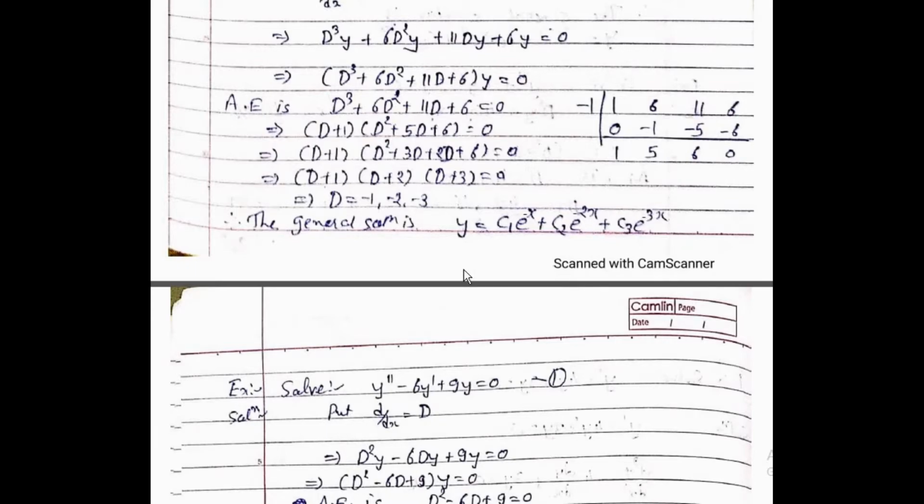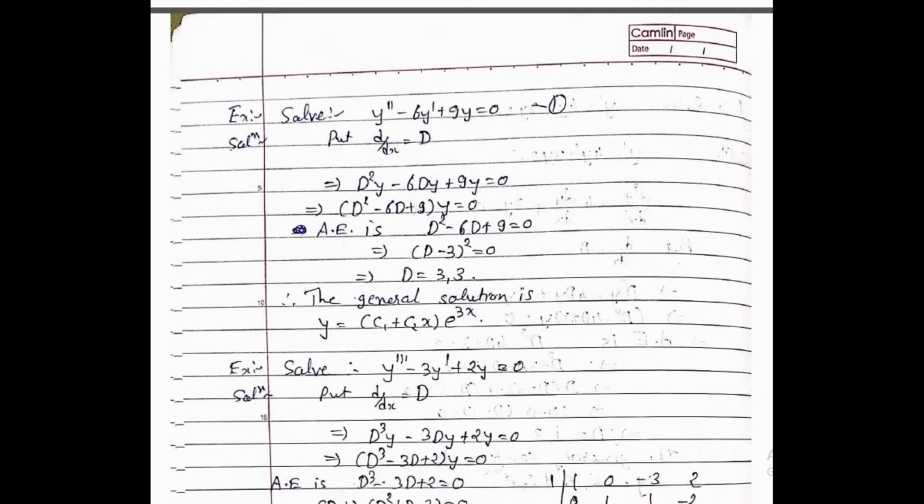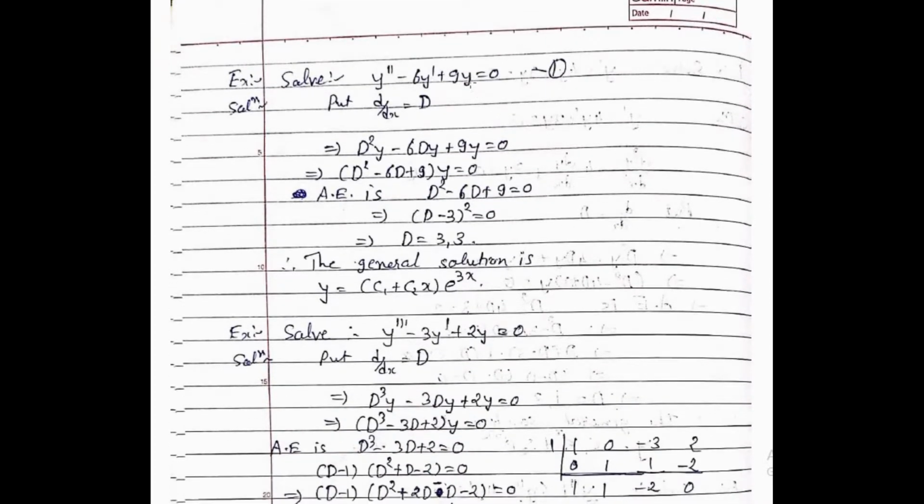Okay, in the same manner we are going to solve another example: y double dash minus 6y dash plus 9y is equal to 0. Now put d by dx is equal to capital D. Now see, it is not necessary that you have to write down all the things. You can directly write this as d square y minus 6 dy plus 9y is equal to 0, or you can directly write d square minus 6d plus 9 of y equal to 0.